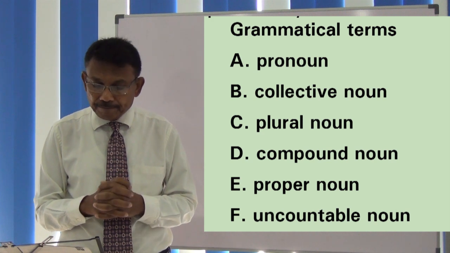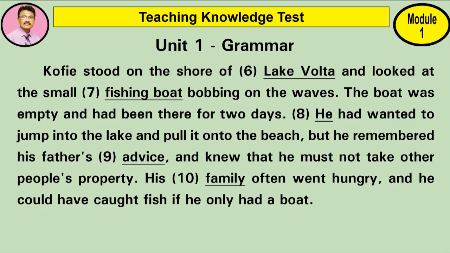Coffee stood on the shore of, question number 6, Lake Volta, and looked at the small fishing boat bobbing on the waves. The boat was empty and had been there for 2 days.